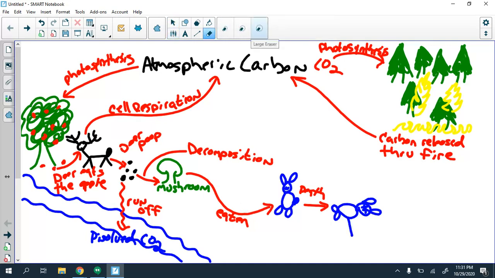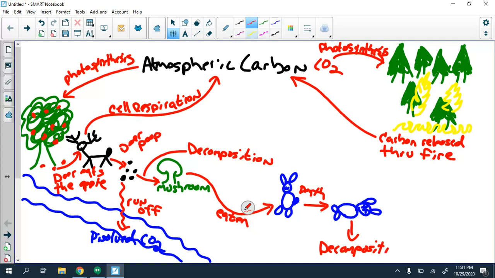I'm going to go back to red. We're going to call this decomposition. So as the dead rabbit decays, some of that CO2 would go back into the atmosphere.